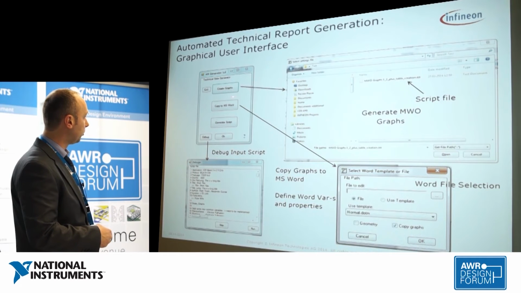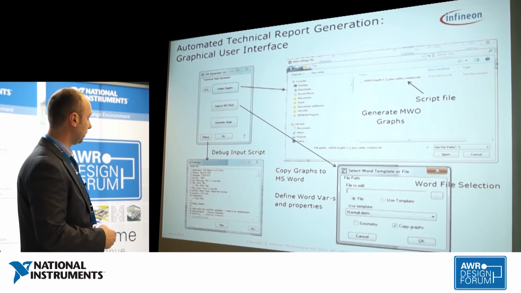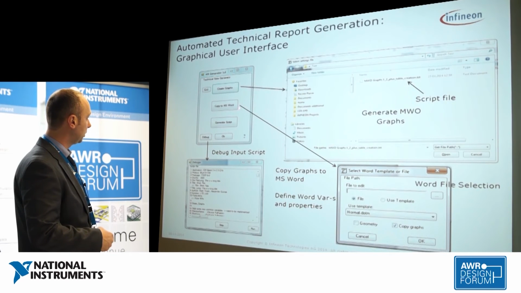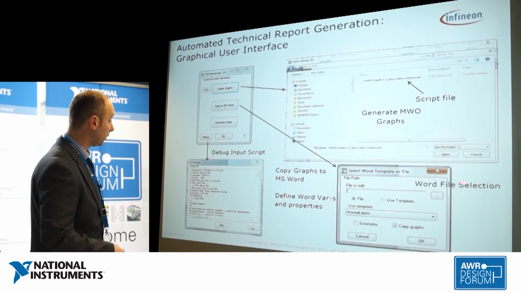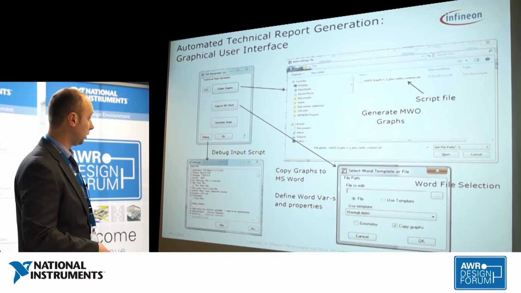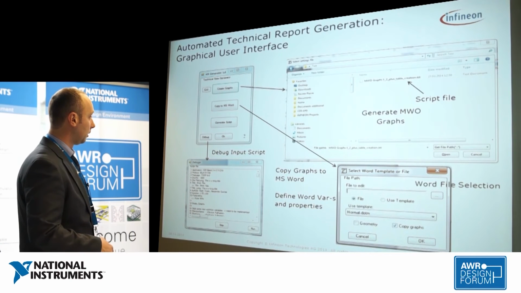Then the script will be imported, and Microwave Office graphs will be generated. Afterwards, after it's finished, we need to use the next button and copy all these graphs to the Microsoft Word document, which was prepared, some standard document.